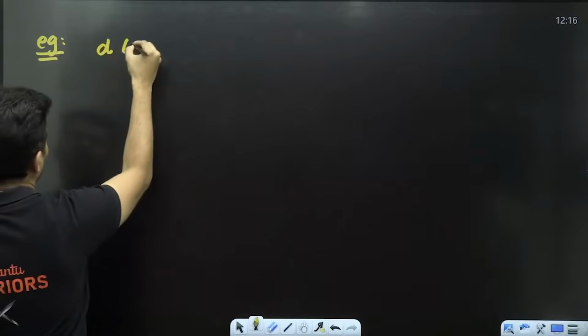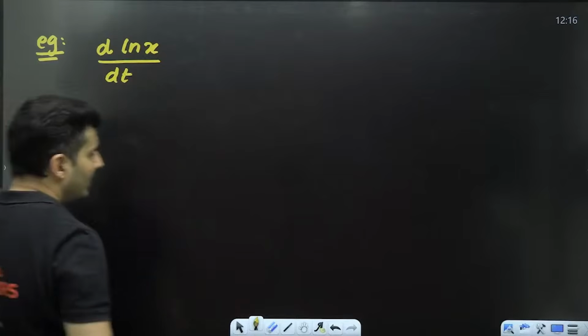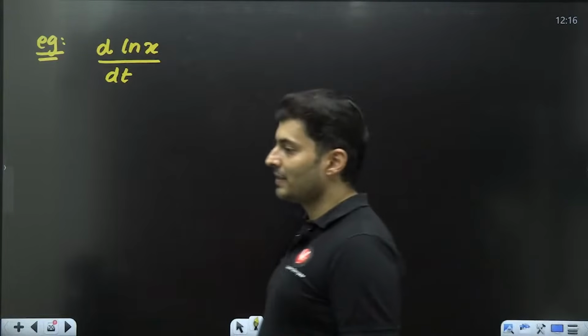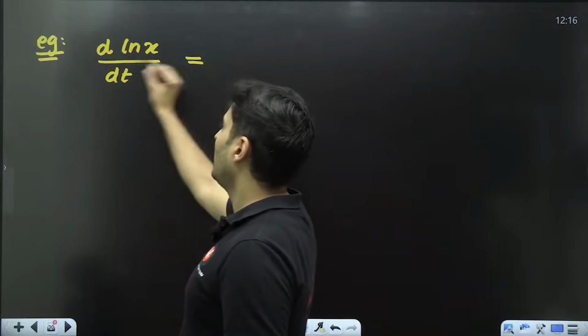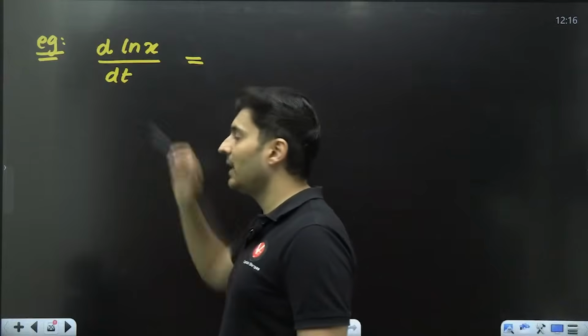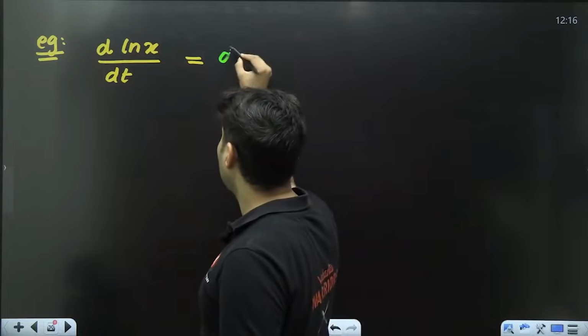Find the derivative of ln x with respect to t. Let's see if you guys can figure this out. First of all, I don't think I can proceed directly because the moment I see x and t over here, I should be very careful. I cannot do that derivative. So I will use chain rule.